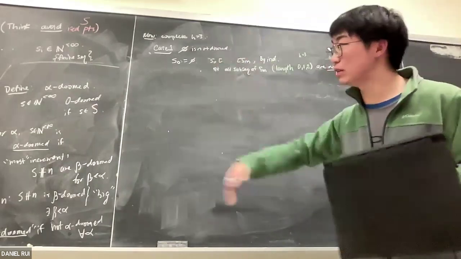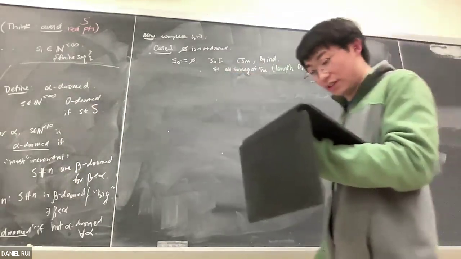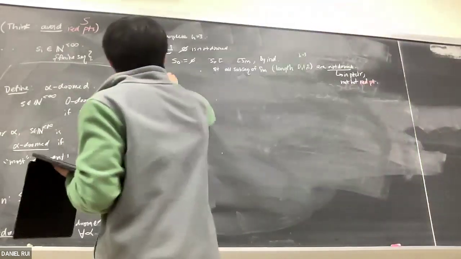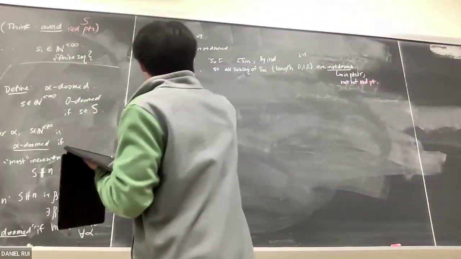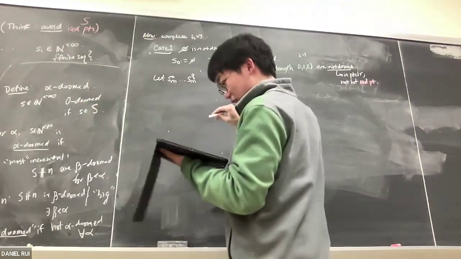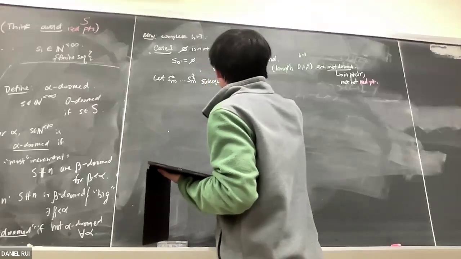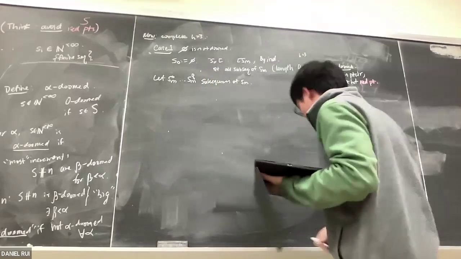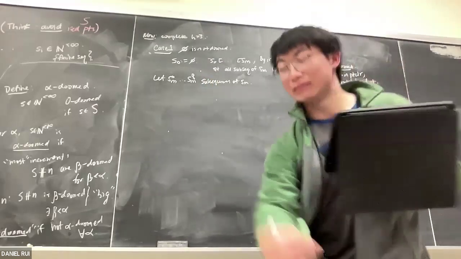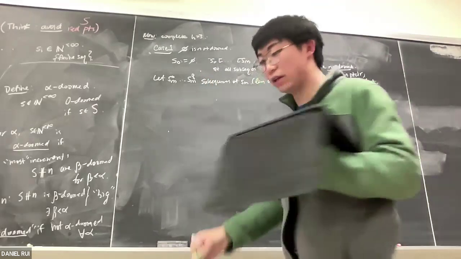But I have to define this notion of doom to not even hit the red point. Okay, so let SM0 through SMQ, Q for subsequence, be the subsequences of SM of length 0, 1, and 2.